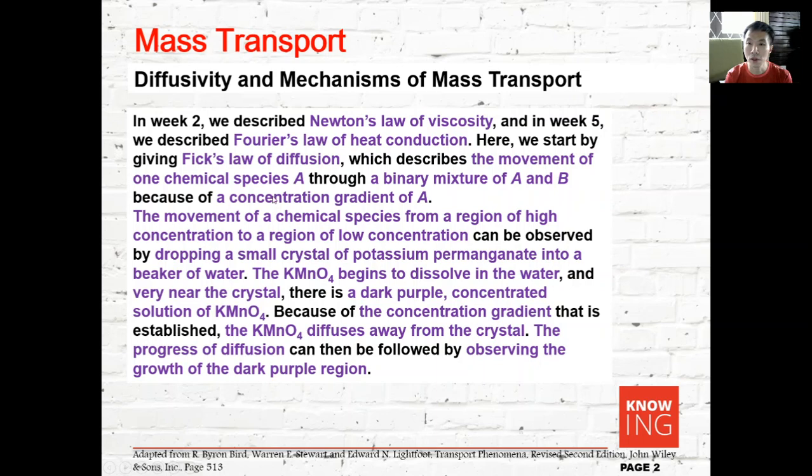Essentially, for Fick's law of diffusion, we describe the movement of one chemical species A through a binary mixture of A and B because of the concentration gradient of A. An example of this binary diffusion can occur when you drop a small crystal of potassium permanganate into a beaker of water.